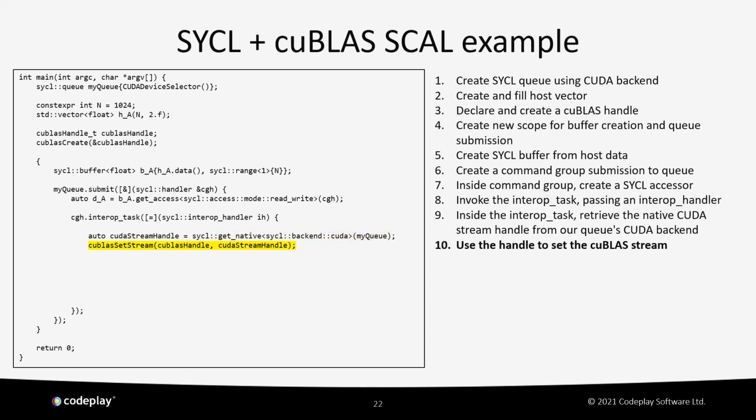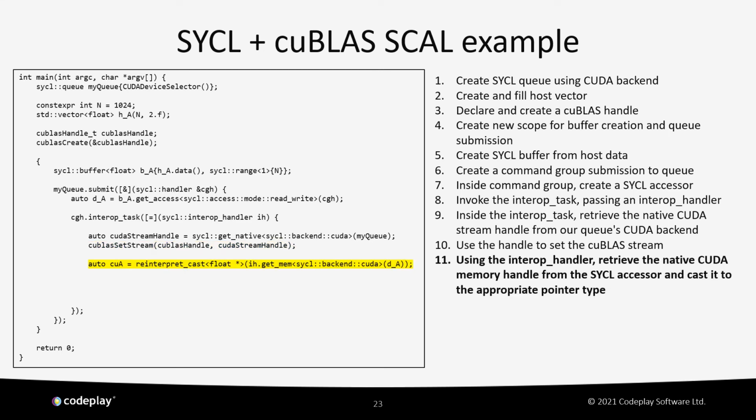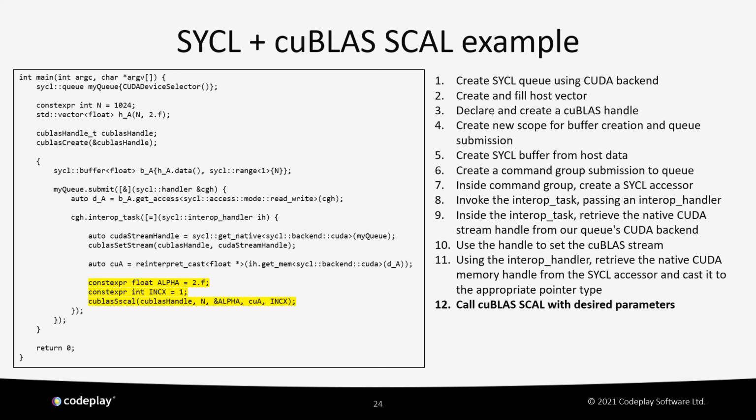We use this handle to set the cuBLAS stream. Using the interop handler, we retrieve the native CUDA memory handle from the SYCL accessor and cast it to the appropriate pointer type. Now we can finally call cuBLAS scal with desired parameters.